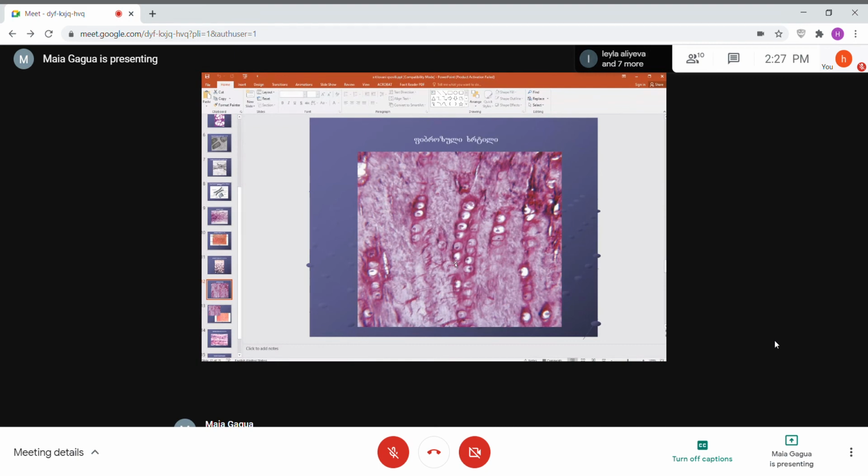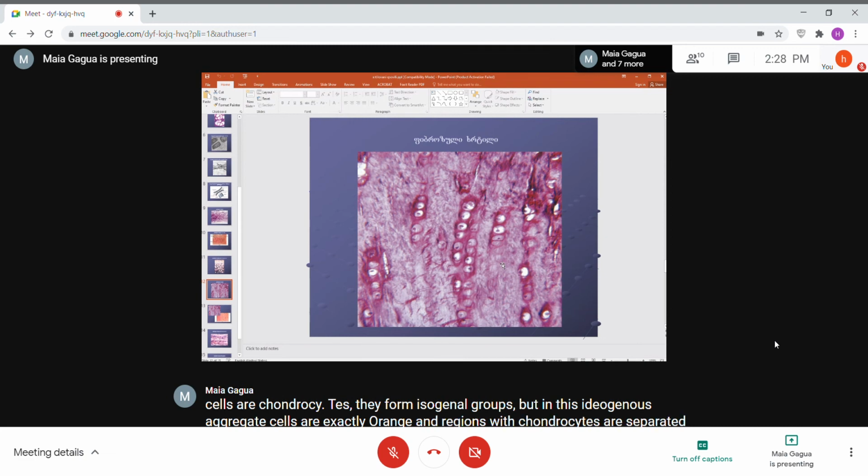And regions with chondrocytes are separated by other regions containing collagen type 1 fibers because this tissue is a combination of hyaline cartilage and dense regular connective tissue, and there is no distinct perichondrium in this case.